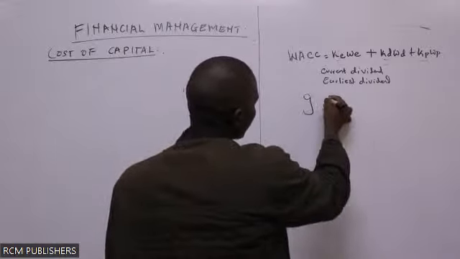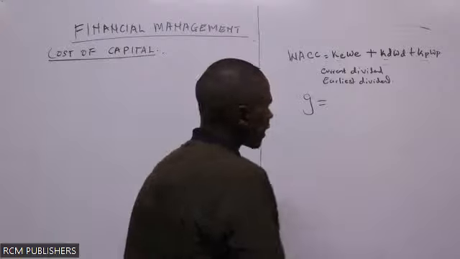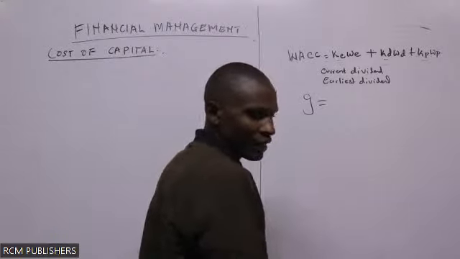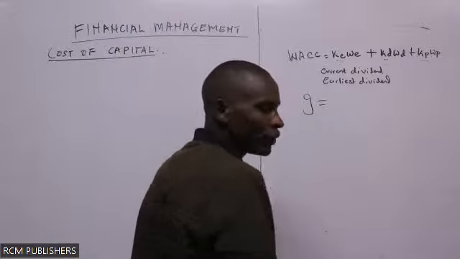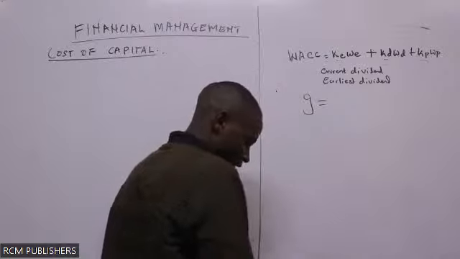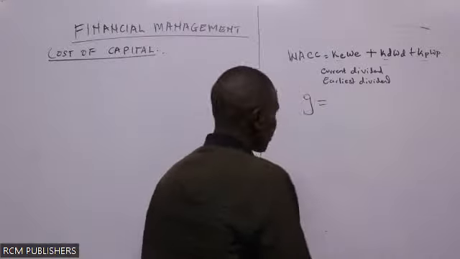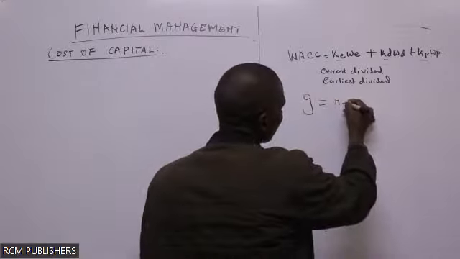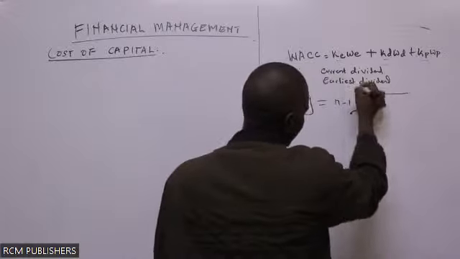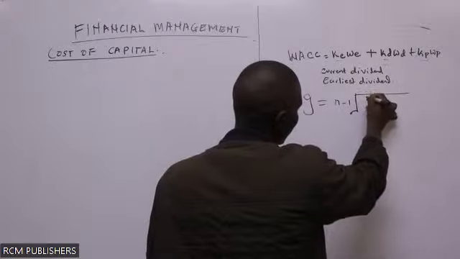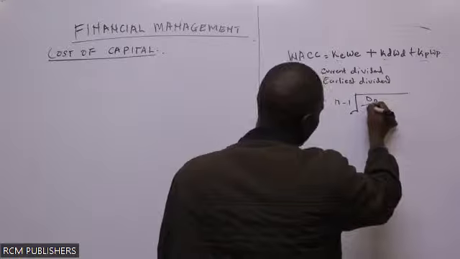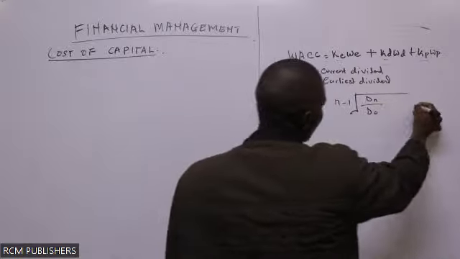Remember, we said growth rate is given by, we have two formulas. I wish someone would do us the favor of reminding us. Remember, I told you that when you are coming up with the growth rate, you have the n-th root of the current dividend, Dn, divided by Do, and then minus 1.